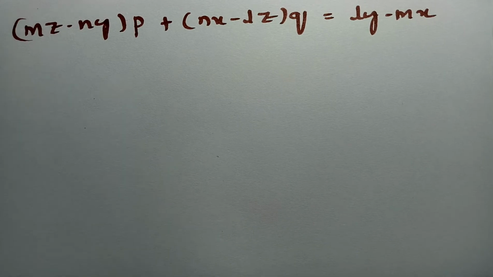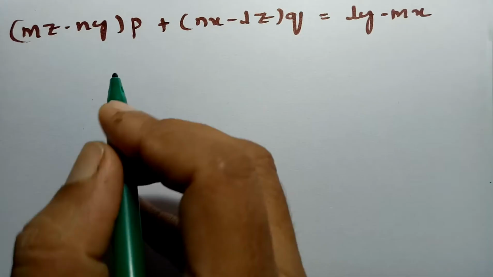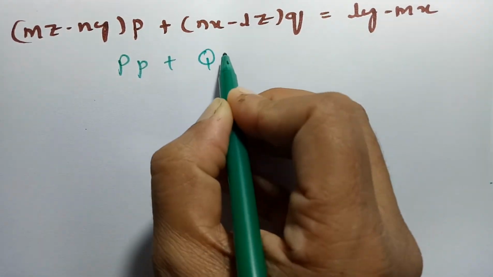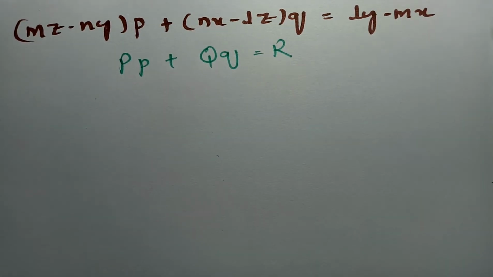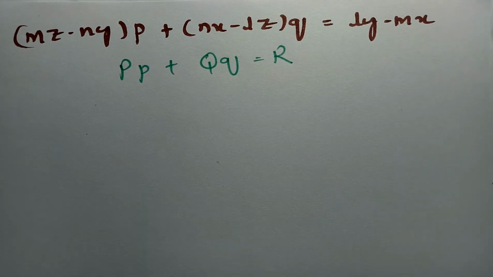This is also very easy. As you see, you can clearly tell that it is of the form capital P into small p, capital Q into small q is equal to R. This is the Lagrange's linear equation.